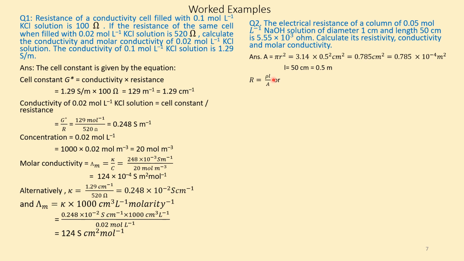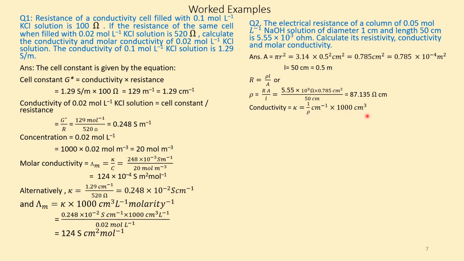R is equal to rho L by A, where R is the resistance, rho is the resistivity, L divided by A. So substituting the values, the value of R is given, area we have calculated, length also we have calculated. Substituting the values, we get 87.135 ohm centimeter.